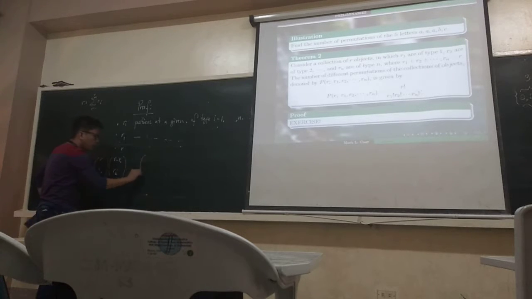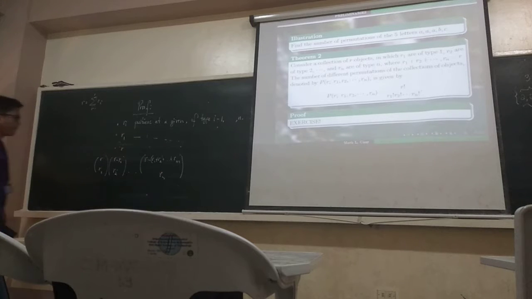And so on, until you pick R minus R sub 1 minus R sub 2, up to R sub n minus 1, and finally R sub n. Nakuha na. Every one. So that's a combination, di ba?